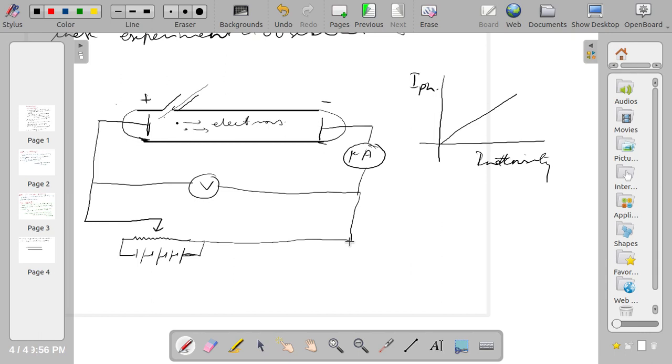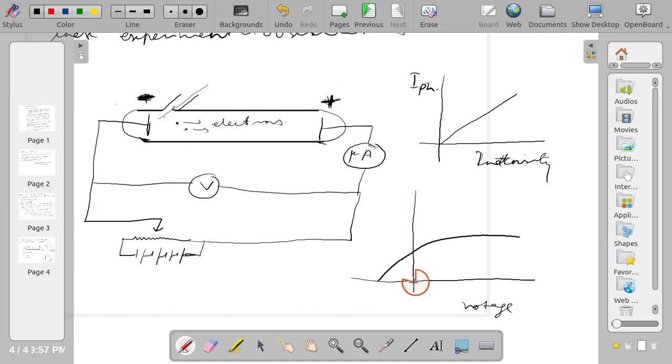Then another observation: say this is the voltage axis, with the negative terminal and the positive terminal. If the positive potential increases, at a particular intensity, this is the curve which we get.